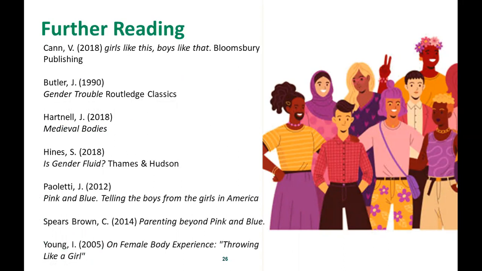There's some further reading too, some books, and I know that Fiona is going to make the presentation available. Books like Butler and Hartnell and Young as well, Throwing Like a Girl. So if you're interested in reading more about the theories behind this, then there's some further reading to do.